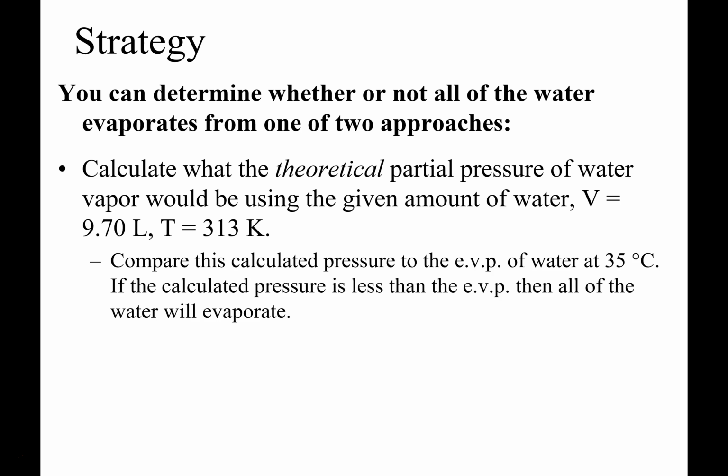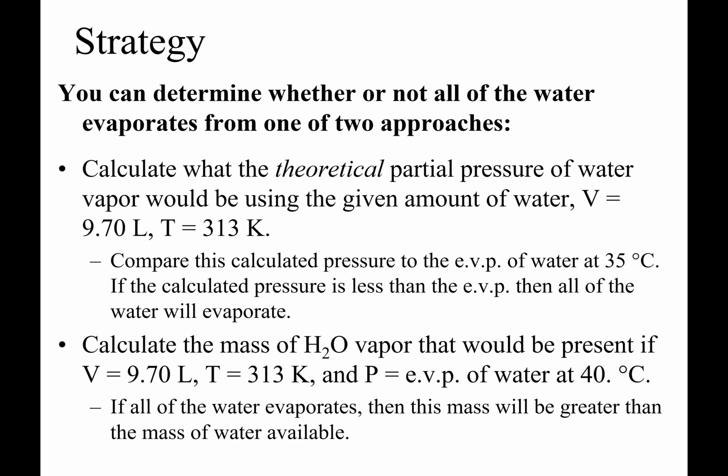Alternatively, we can do what we did before with this sort of approach. We can calculate the mass of the water that would be present in the equilibrium vapor pressure if it all did evaporate. And that doesn't make sense because we know it's going to all evaporate. That won't get us down the road.